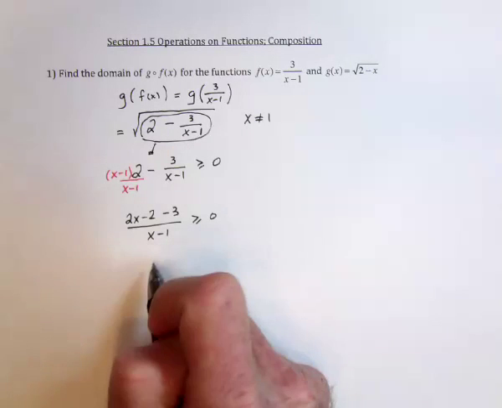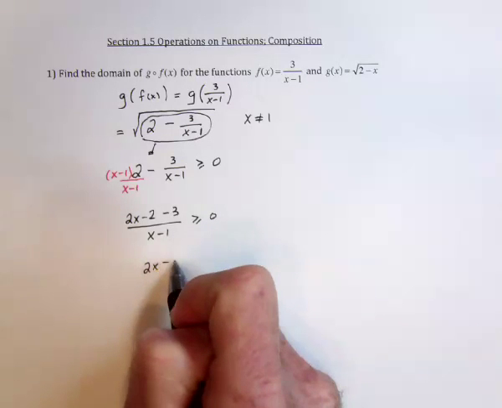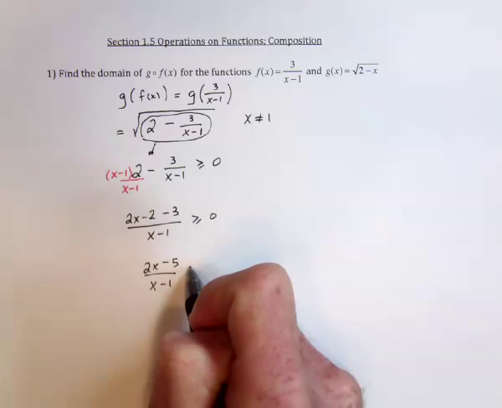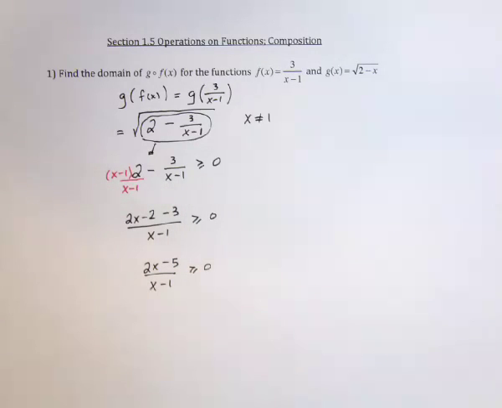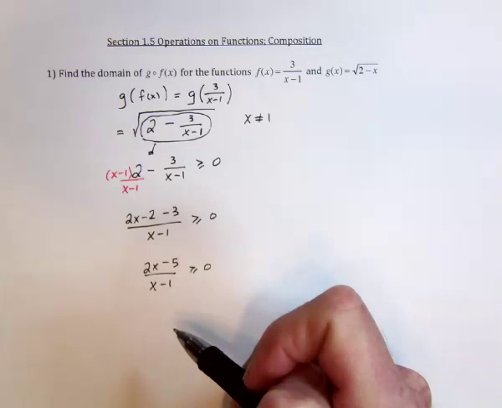So we've got this rational function 2x minus 5 over x minus 1, and we need that to be bigger than or equal to 0. So it's saying a fraction is bigger than or equal to 0.